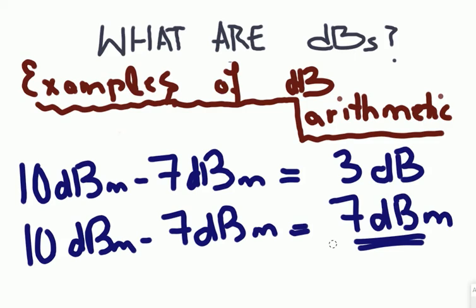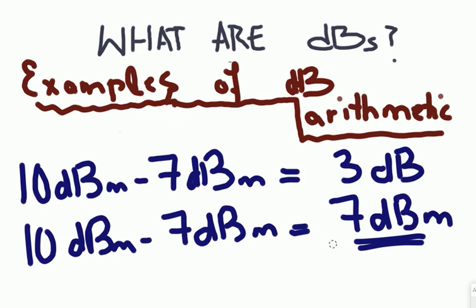Why? Because the subtraction is happening in the decibel scale, and we learned before that subtraction in decibel scale is equivalent to division in the linear scale. We don't want to divide these numbers. For example, if input power is 10 dBm and the output power is 7 dBm, we actually want to take the difference between the powers in the linear scale.